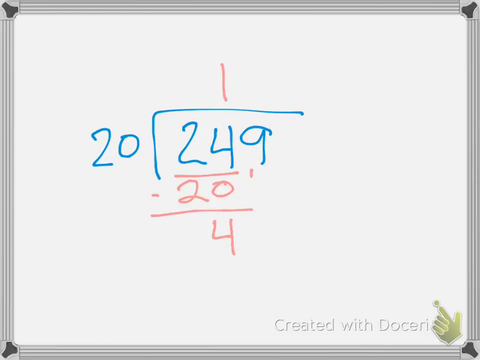And then we get 4. Drop down our 9. How many times does 20 go into 49? Twice. 2 times 20 is 40. Now we have a remainder 9. So our answer is 12 remainder 9.